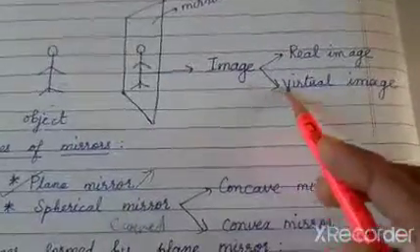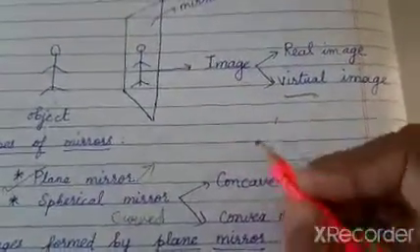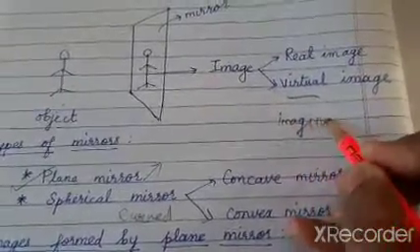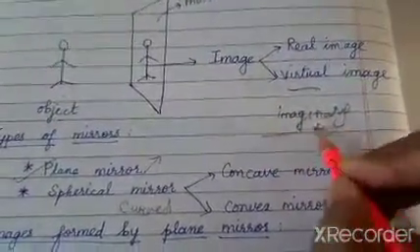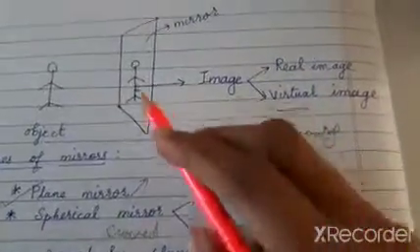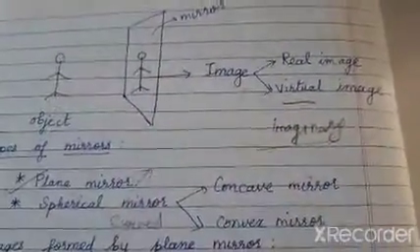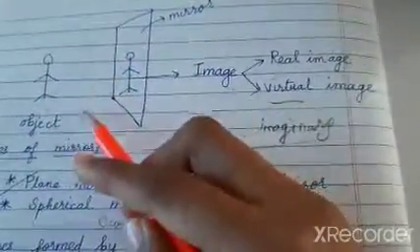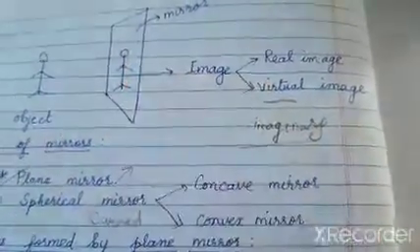Virtual image, virtual means imaginary. It is not real. There is no such thing that actually exists. That is the meaning of imaginary. A virtual image is the example of your mirror images. When we stand in front of the mirror, an exact image of me is visible, but it is not a real one.